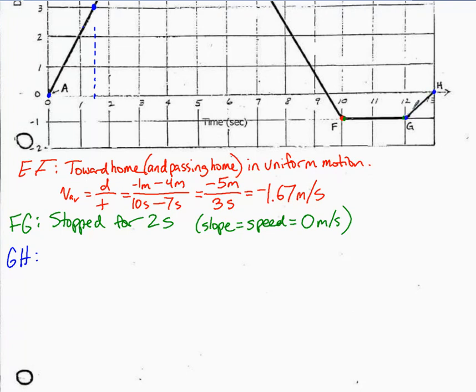We are going toward home. The closer you get to 0, the closer you are to the home position. So let's write what's going on. Toward home in uniform motion. Parentheses, I'm going to put we are moving forward.